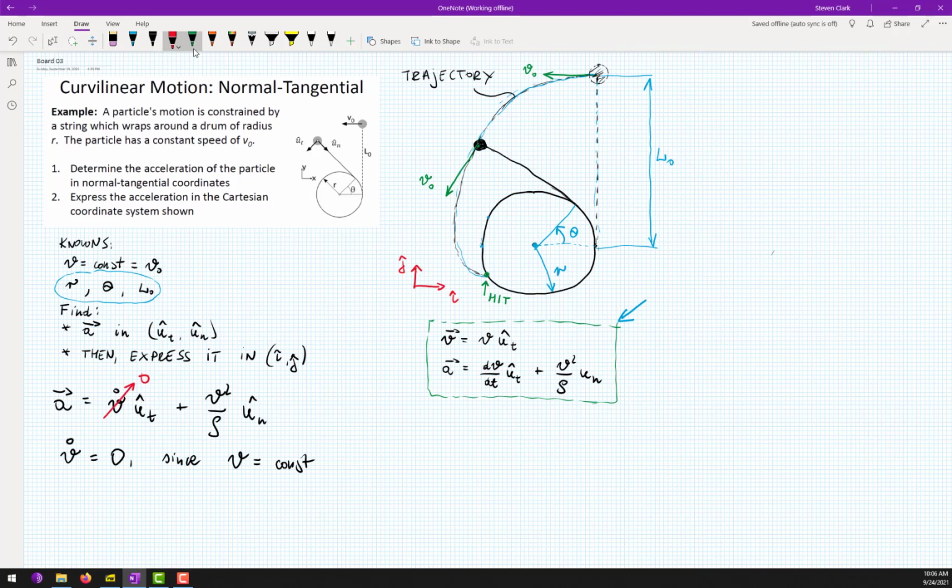We won't have two components, we will just have one component. So our acceleration is for sure equal to v squared over rho un. We know that v is always equal to v0, so it will be v0 squared over rho un.